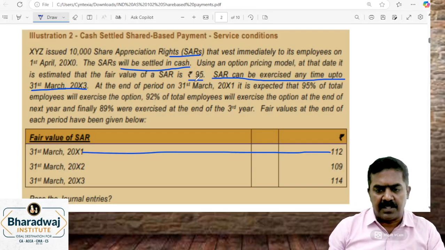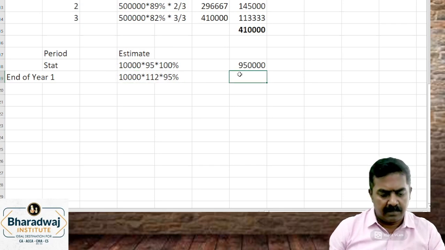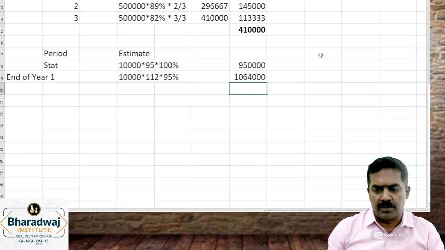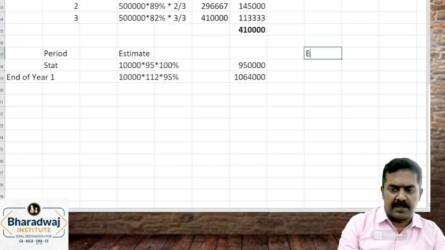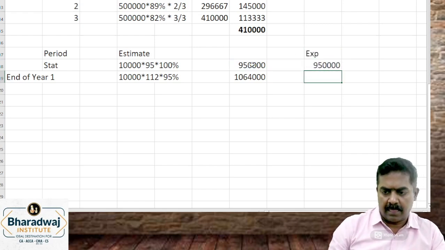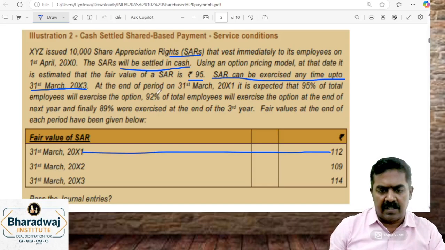How much percentage they are going to exercise? 95%. So 10,64,000. So additional expense at the start. Increase. What is increase? 1,14,000, 1 lakh increase.